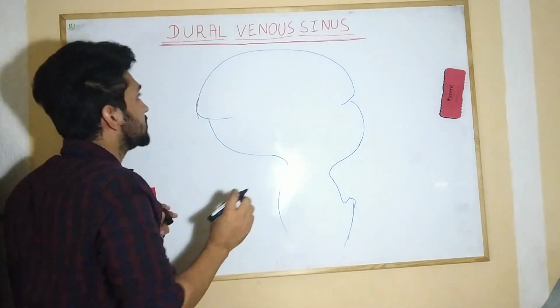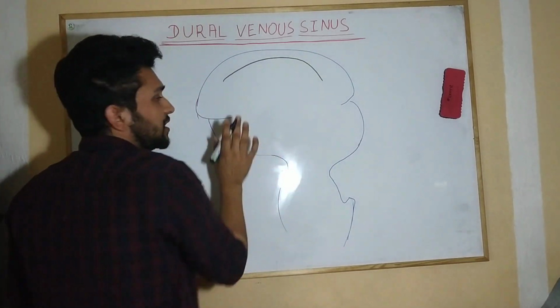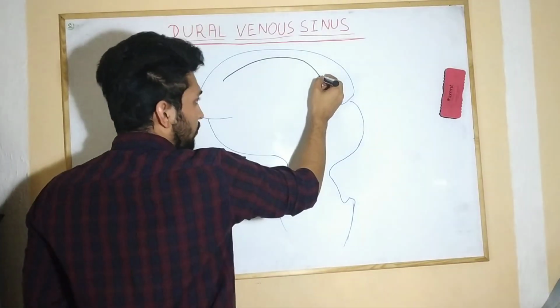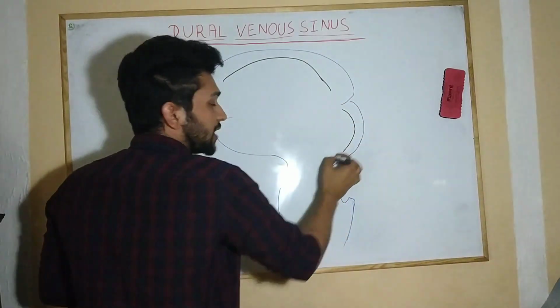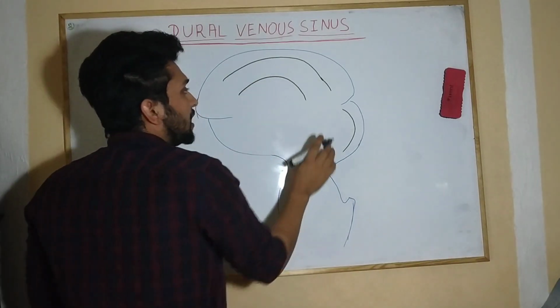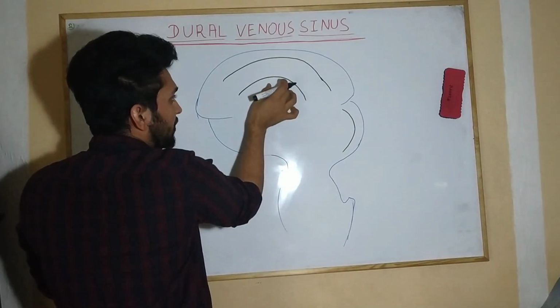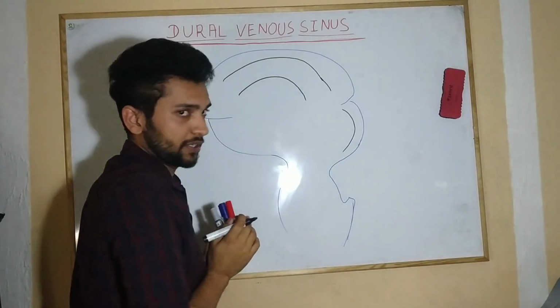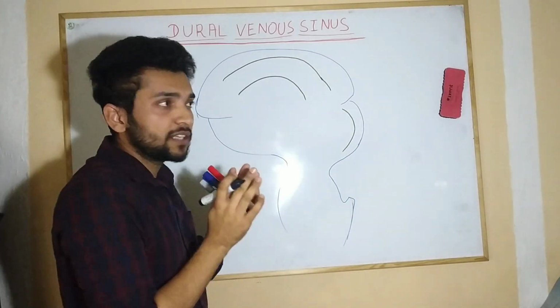For this, we have the superior sagittal sinus, the first one, the superior one, and we have the inferior sagittal sinus and the occipital sinus. These are the three sinuses. You have to remember: superior sagittal sinus, inferior sagittal sinus, and occipital sinus. So here we have father, mother, and son.